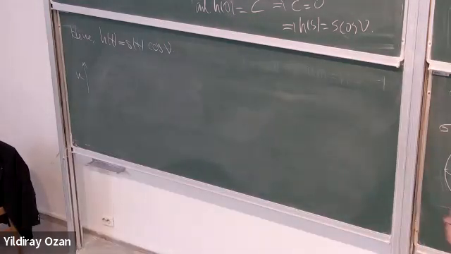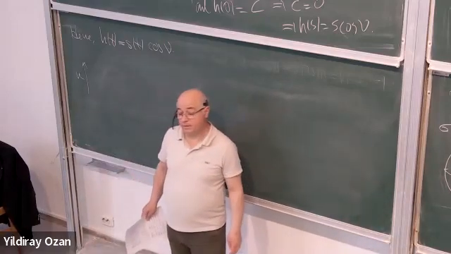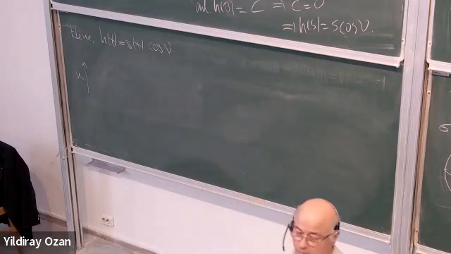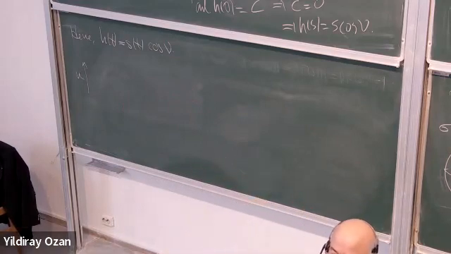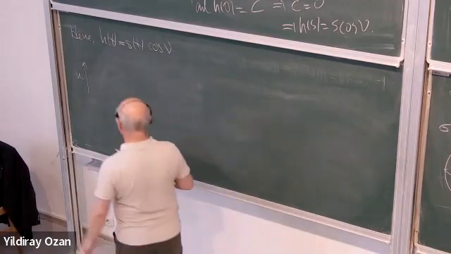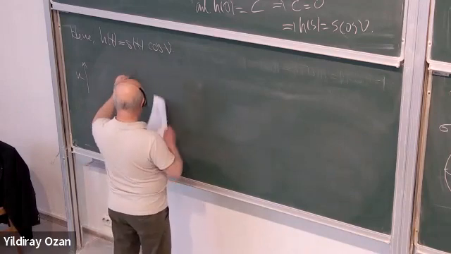So u is a fixed vector. Yes, you're right. So from this, we have such a picture.